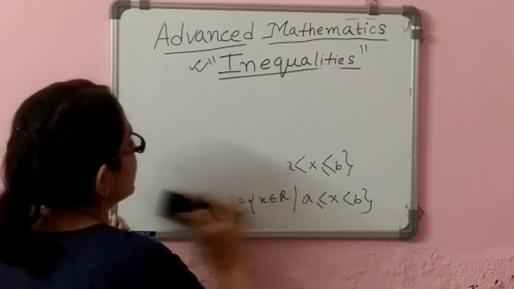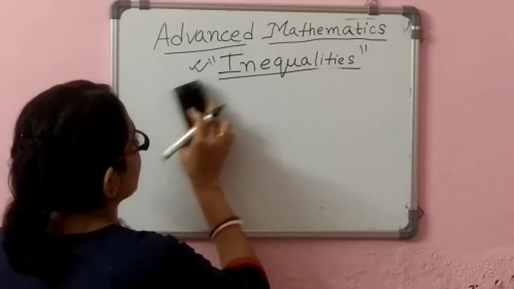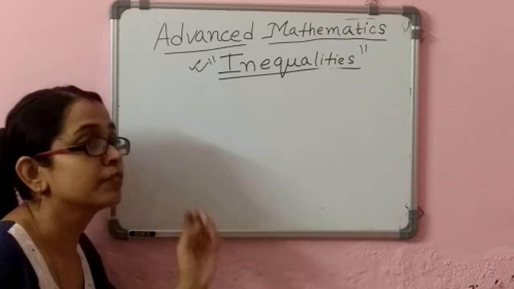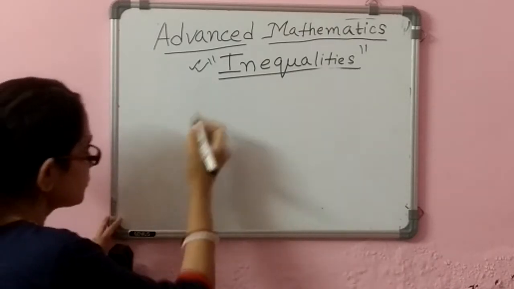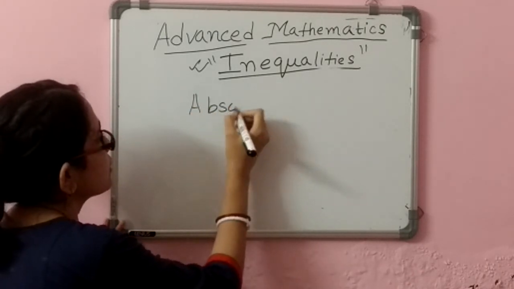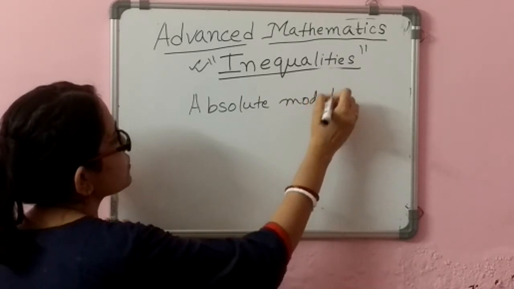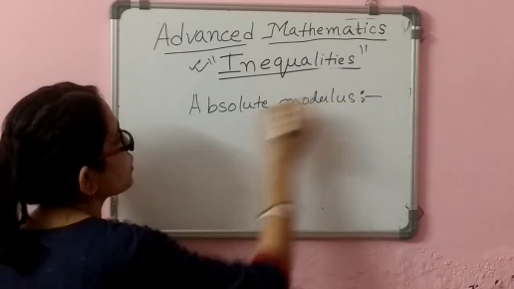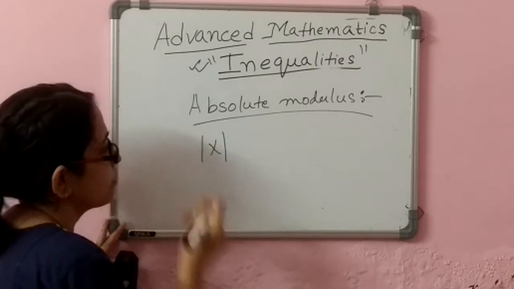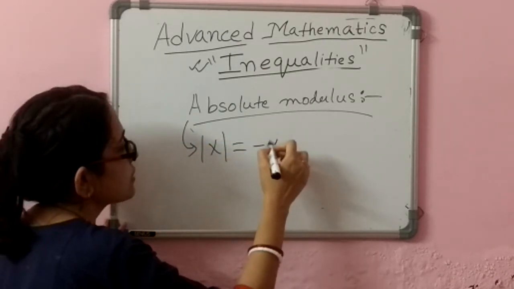So now the next subtopic after interval is absolute modulus. Modulus means it is always positive. Generally, we will always get the positive value. That is, if we consider x to be any natural number, then modulus of x is written like this.